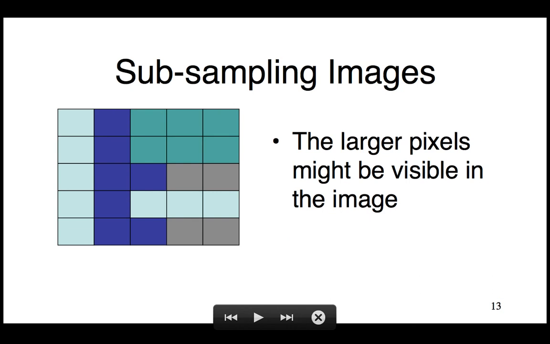So the larger pixels would be visible. And I think you see this a lot actually in shopping centres and stuff. People download an image off the web and then put it into a huge, giant poster. And it's like, ugh, because you just got these huge pixels.